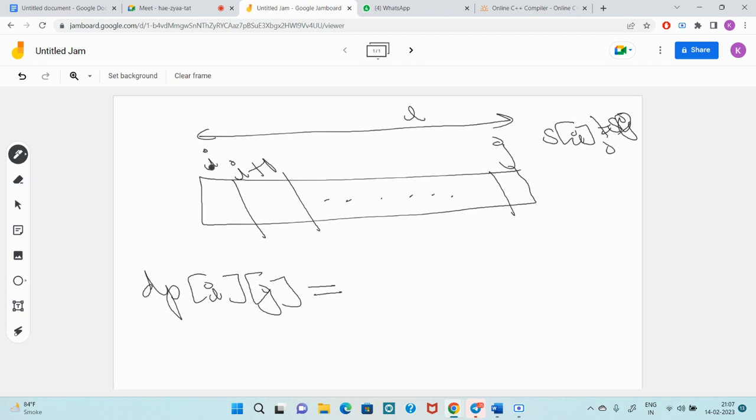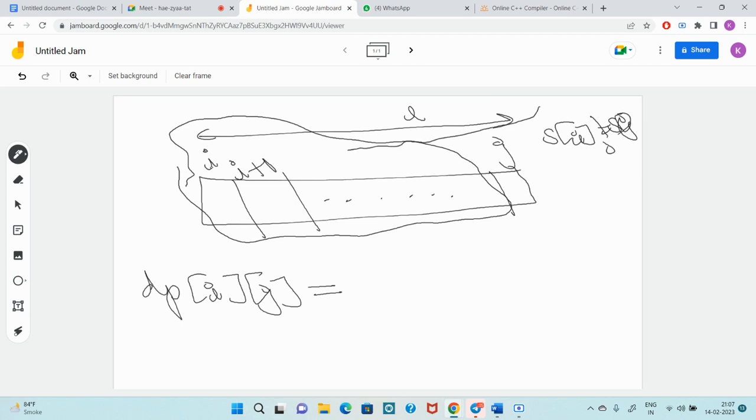You know guys, what you can do? You already have the answer from I to j minus 1. So you can take all the palindromic subsequences, the count coming in this substring, and then you can take all the palindromic subsequences coming from I plus 1 to j. When you do this, you will be over counting all the palindromic subsequences coming from I plus 1 to j minus 1.